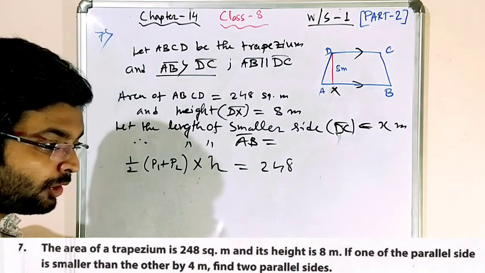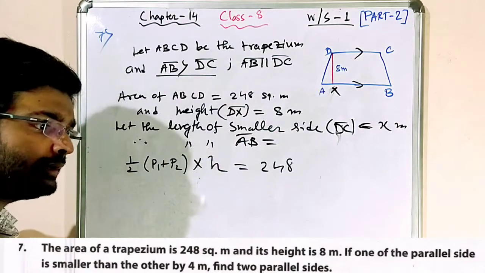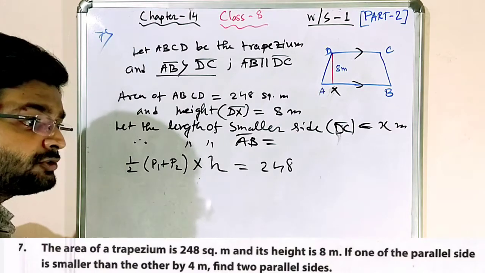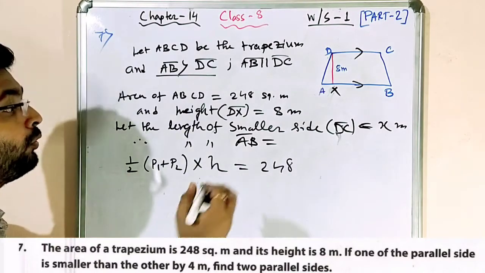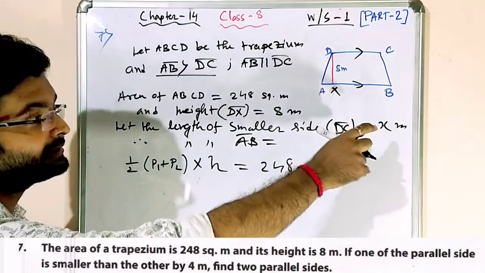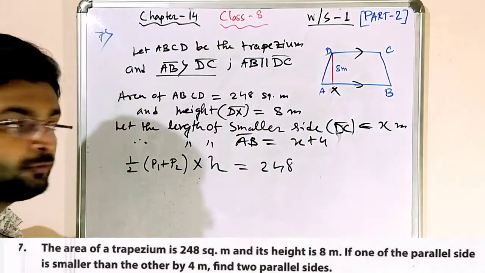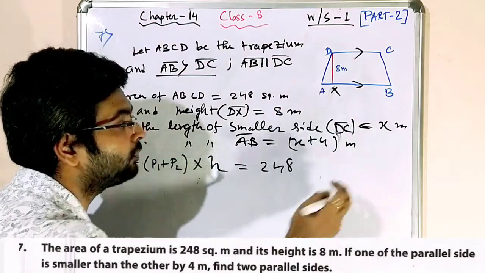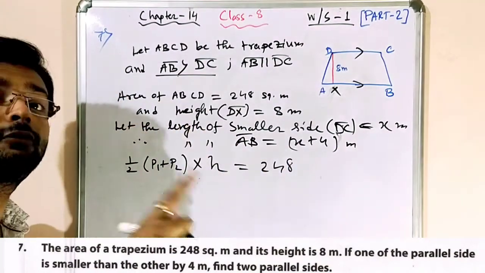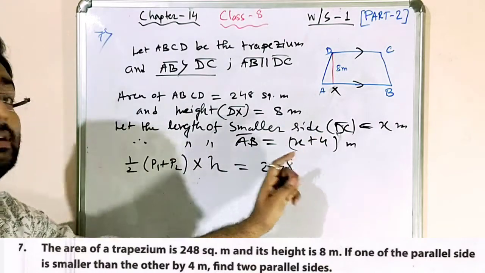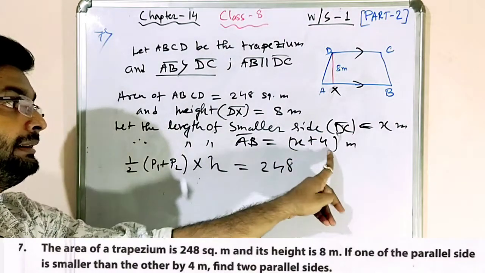It is told that one of the parallel sides is smaller than the other by 4, so if the smaller side is X, the greater side is X plus 4 meter, because smaller is X, so the other is plus 4.